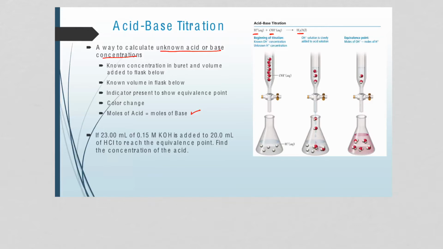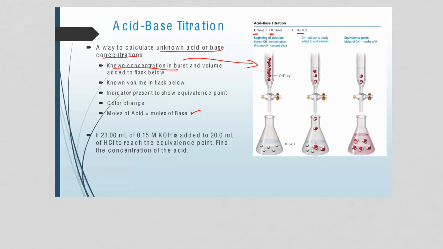Typically we have what's called a burette, right? That's this thing here. In this example, it holds our base. And we have some known volume of our acid solution in the flask below.